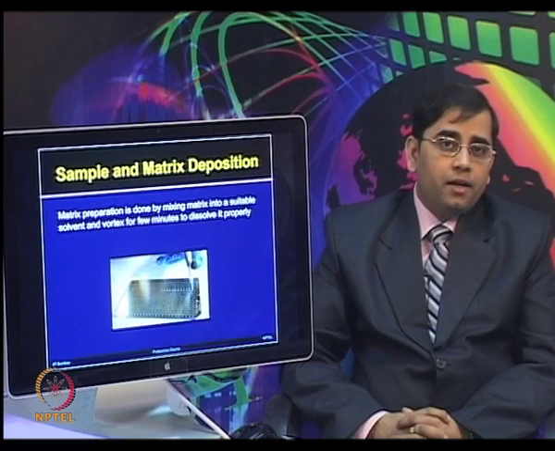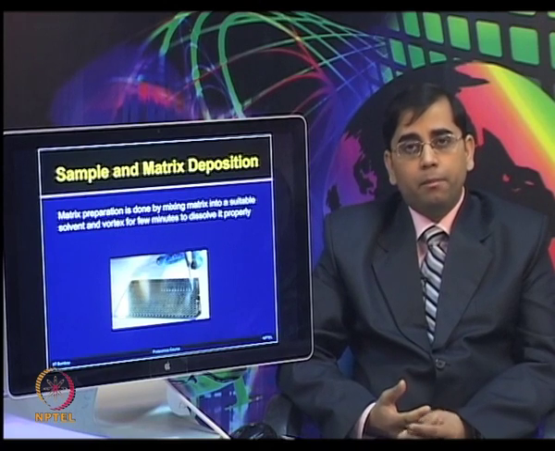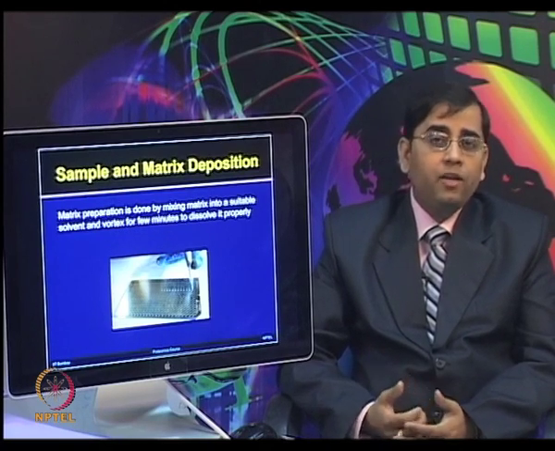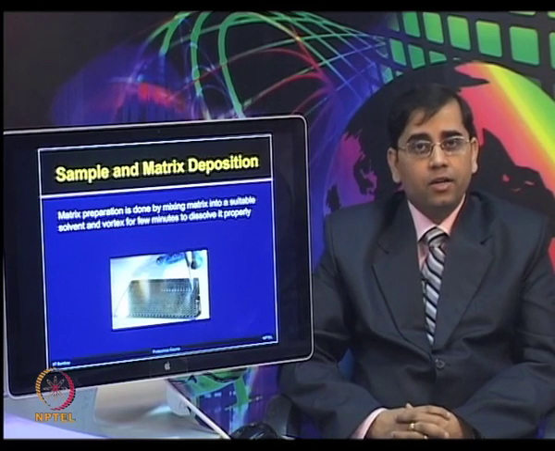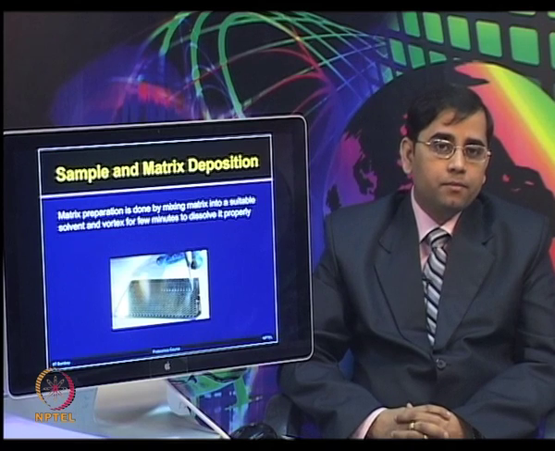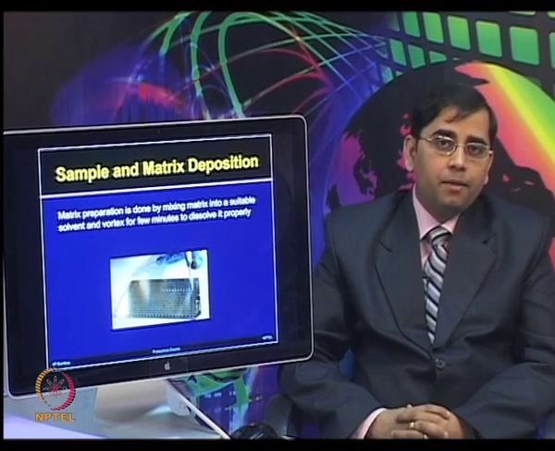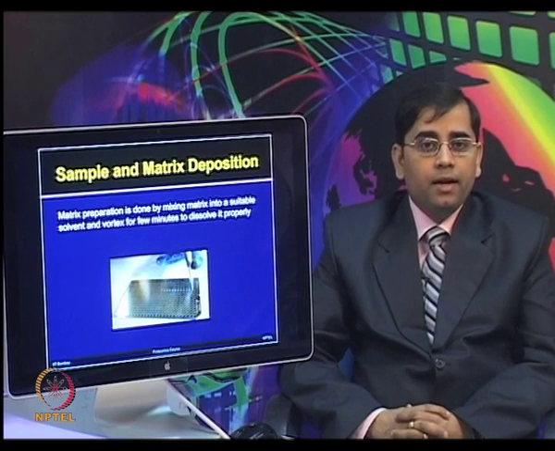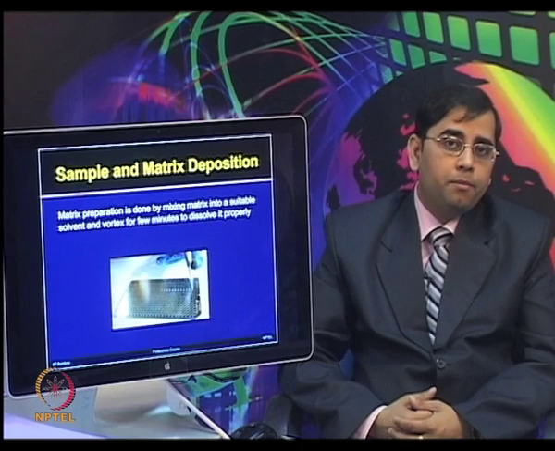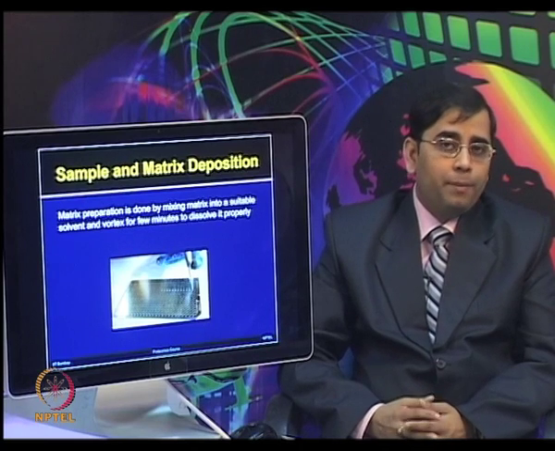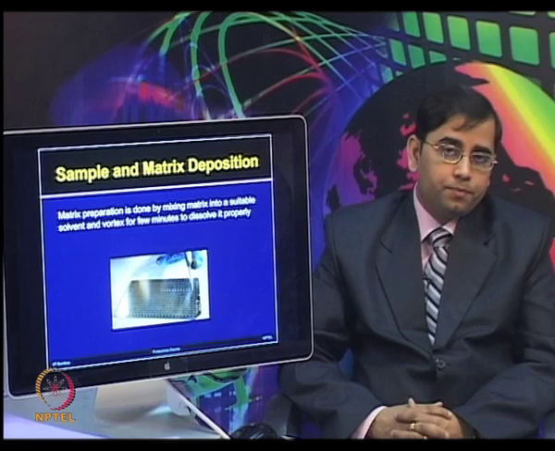Now, one needs to think how to deposit that sample on the MALDI target plate. There are many ways of deposition of sample and matrix onto the MALDI plate. Mostly the sample and matrix are mixed in an Eppendorf tube, and then the mixture is directly deposited by using a micropipette onto the MALDI plate.